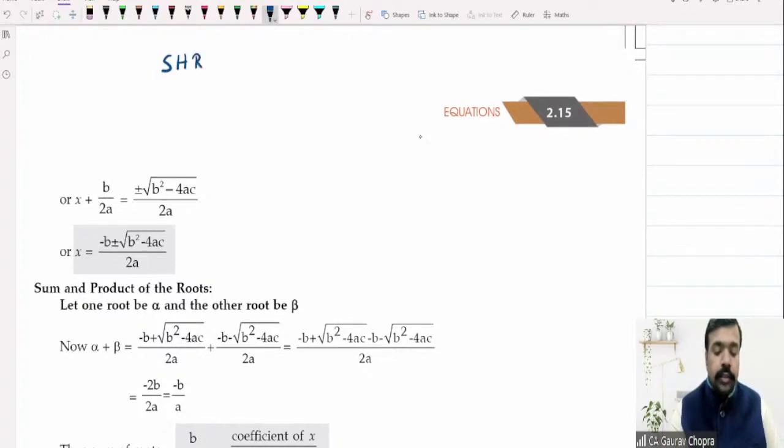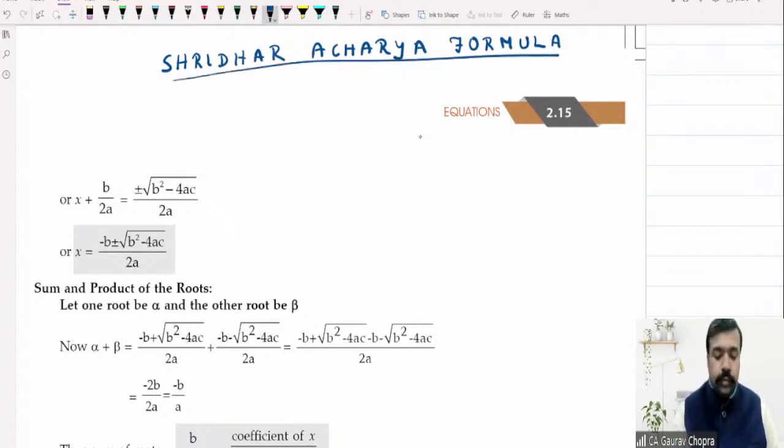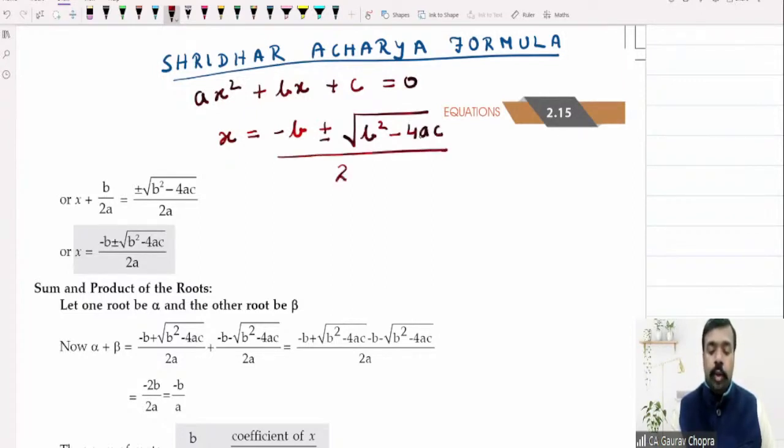It is known as Sridhar Acharya formula. According to this formula, we can easily get the value of x, the variable. If the equation is ax square plus bx plus c equal to 0, and we have to find the value of x, then x is equal to minus b plus minus root of b square minus 4ac, divided by 2a.